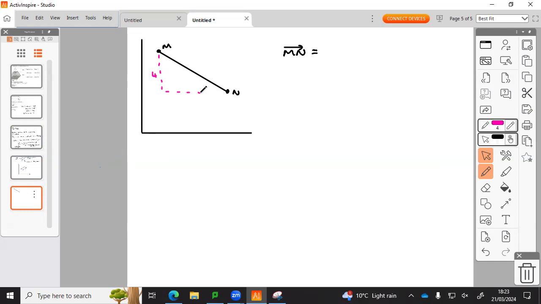The order of the letters tells me the direction I'm going. So I'm going from M to N. So I'm going in that direction. So I'm going along +5 on the X-axis. But I'm going down the Y-axis. Okay, so I'm going down -4.